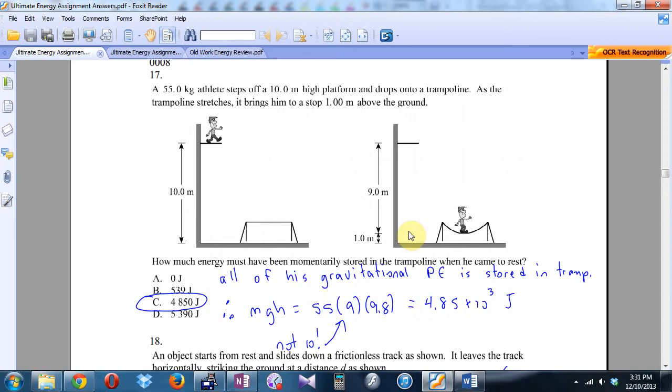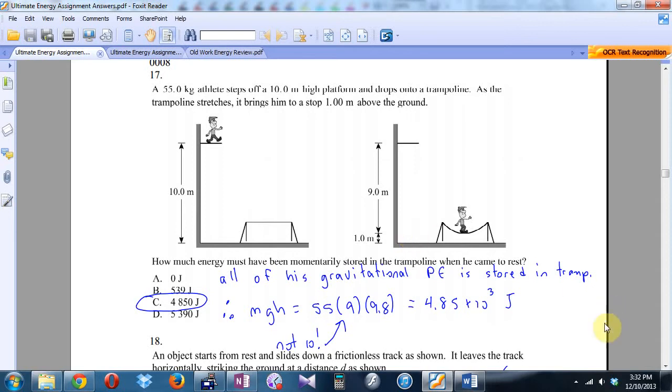I didn't want to call it potential. It is stored energy in the trampoline, which is also potential. I was just worried I'd have a PE and a PE that were different that would confuse the heck out of me. I guess I could have called it PE tramp or something like that. I don't know. Is that okay? I said he's initially got mgh, and he finishes with, oh, not 10, 9. Why? I let the ground be right here because I could. Why not? Is that okay?